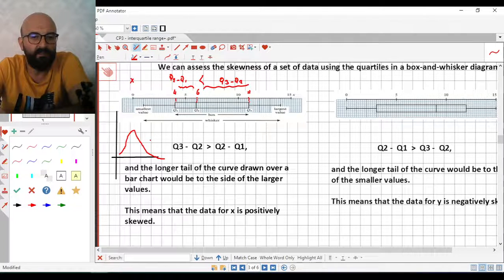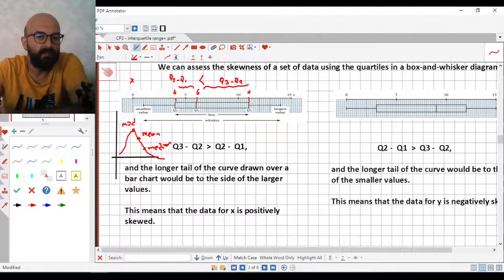Please remember that we had set for this graph positively skewed because the mode is greater than the mean, and the mean is greater than the median.